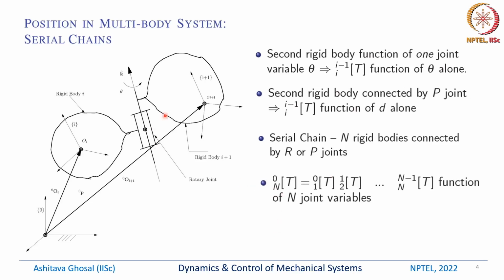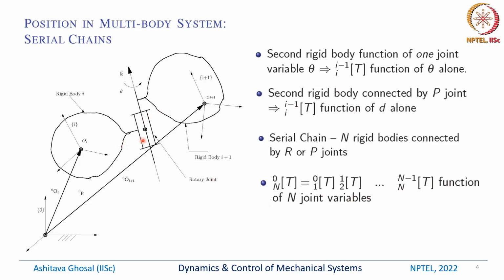So hence, for the last link or the last rigid body n with respect to the fixed reference frame 0, the transformation matrix is nothing but a product of 0 1 T, 1 2 T, up to n minus 1 n T, and this right hand side will be a function of n joint variables.